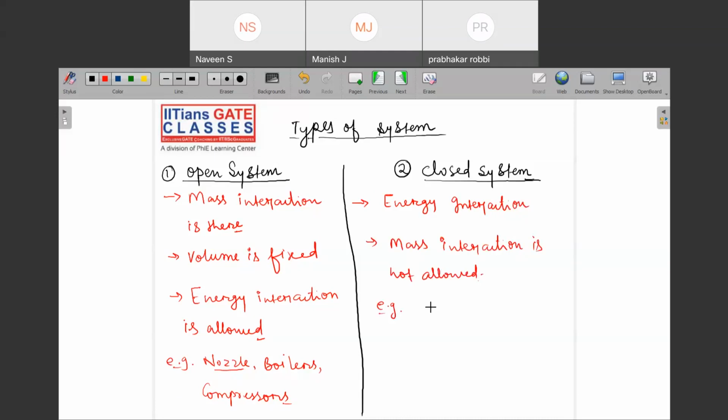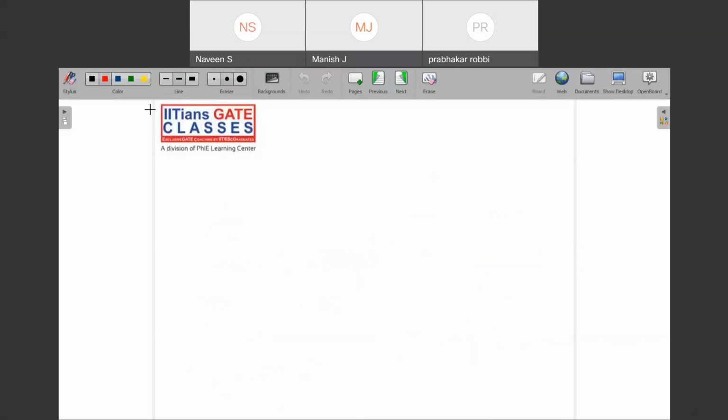We have just now seen that piston cylinder arrangement without what? Valves. So piston cylinder arrangement without valves. Next. And the third thing is isolated system.